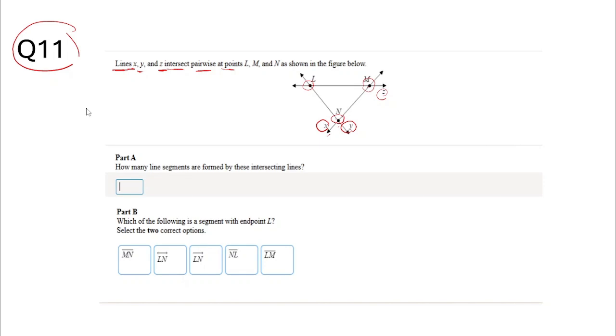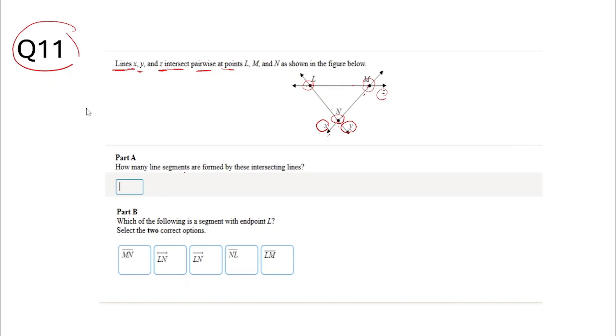Okay, L is the endpoint for ray LM and LN, N for MN and NL, and M for ML and MN. Now let's see part A.